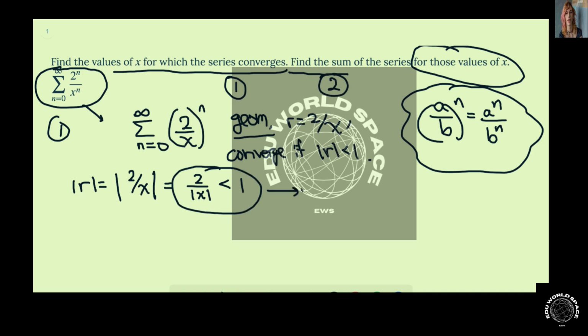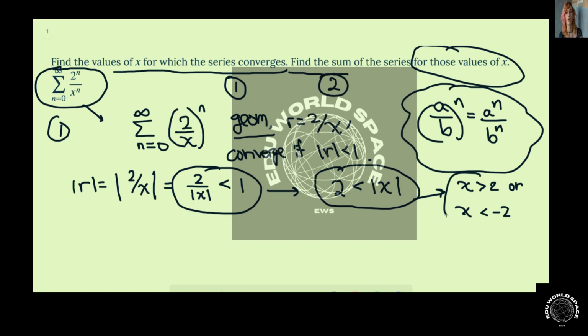So let's multiply both sides by absolute value x. And here we can use the definition of the absolute value to find an inequality for x, or possibly more than one inequality. So in this case, we have x has to be bigger than 2, or x has to be less than -2.